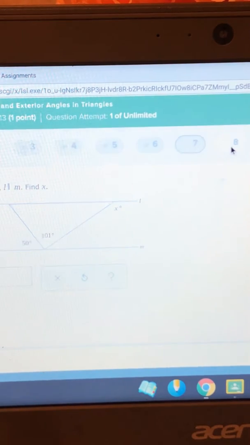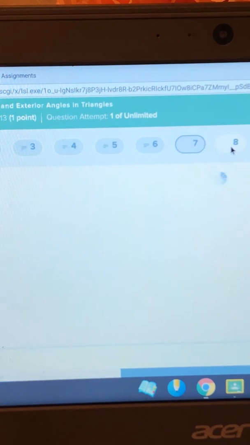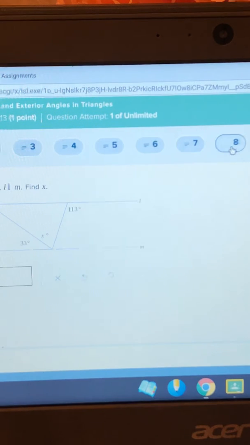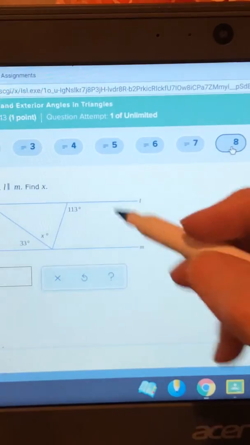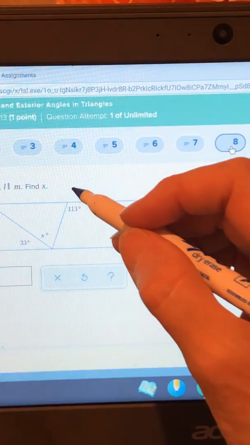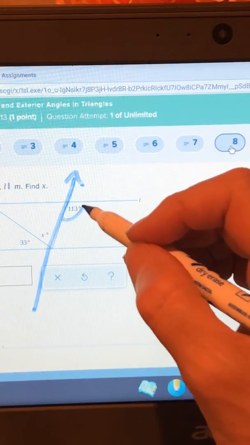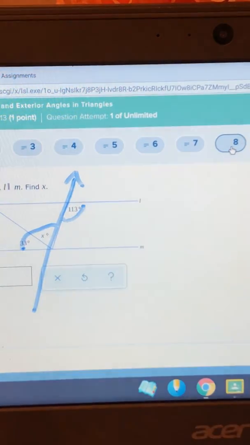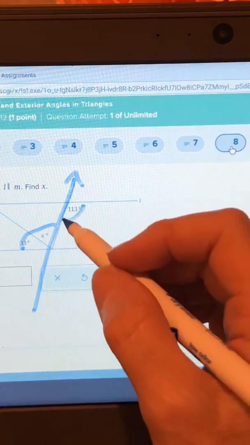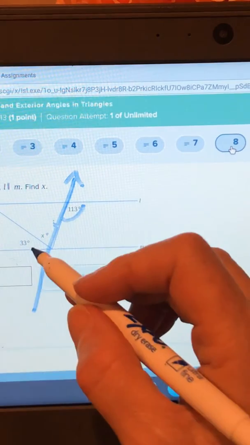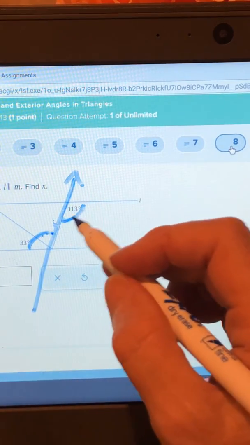Number 8. Once again, I'm going to show you something. Imagine that being the transversal. That means that that angle and that angle are congruent. They're alternate interior angles. They have the numbers in the way, but you can tell those are congruent.